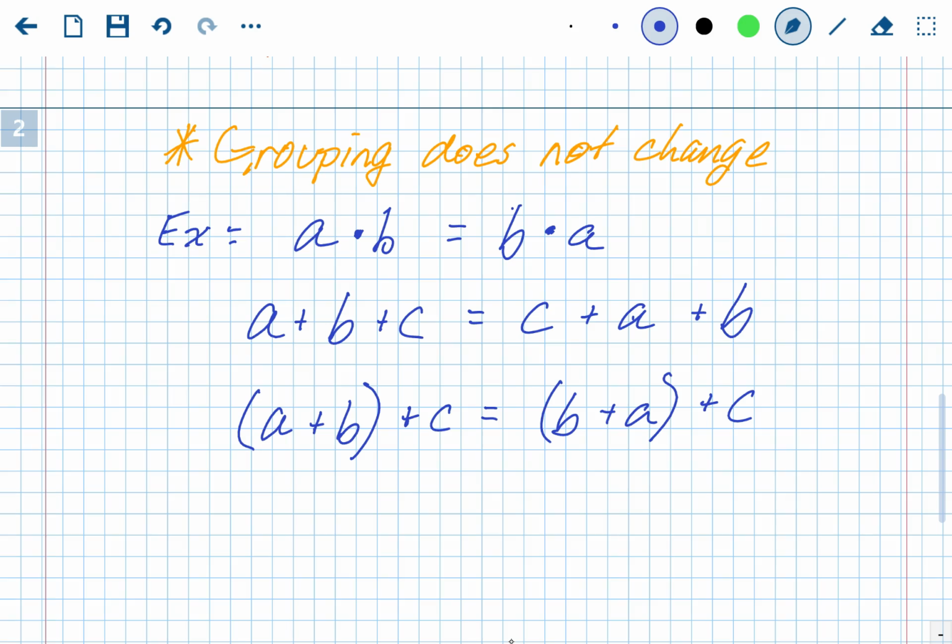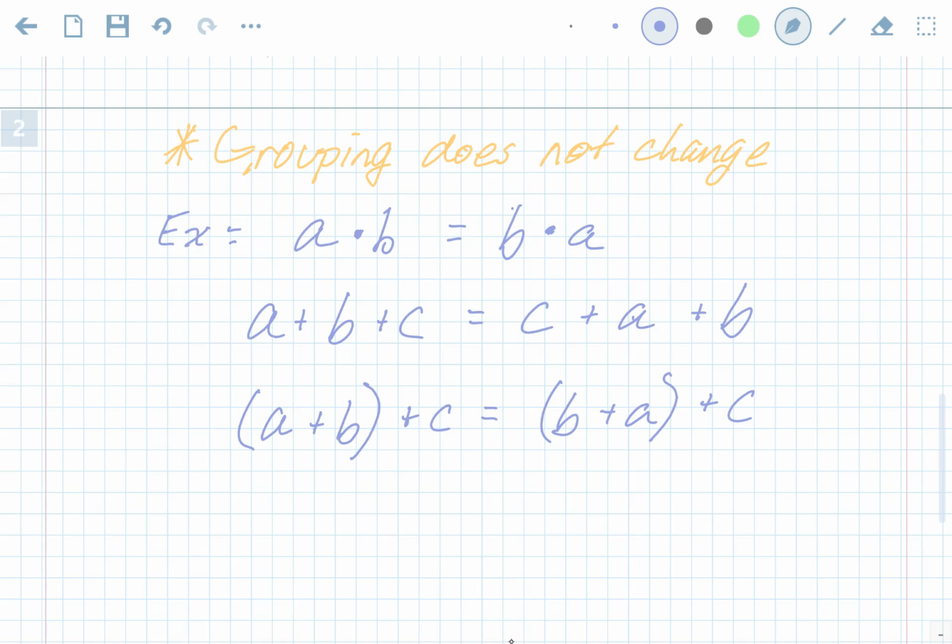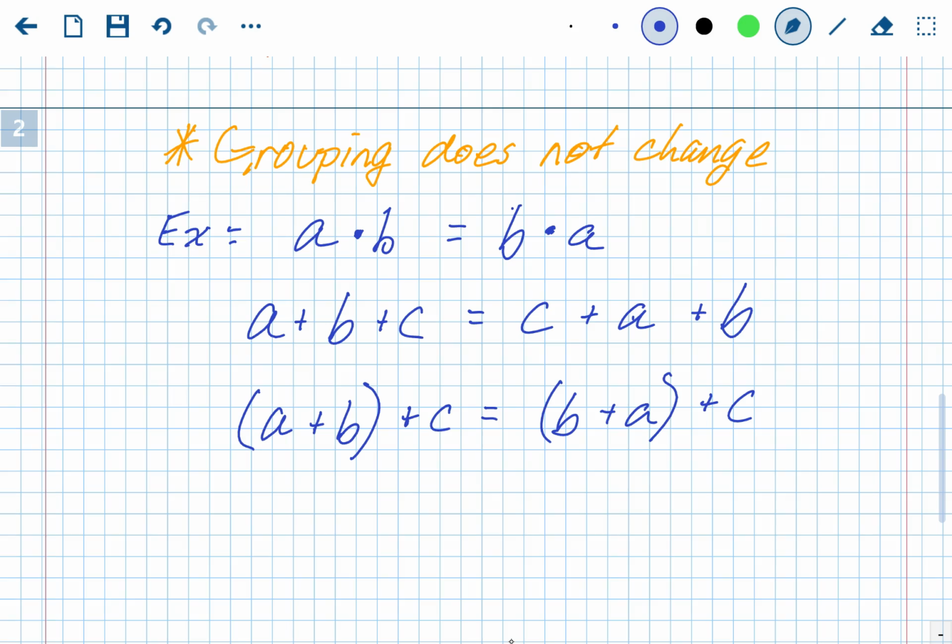So people see parentheses and think groups, associative property. In this case, it's not, because the order changed, but the values in the parentheses did not. The values in the groupings did not. Both of them have an A and B in the grouping. Okay. What did change is we went from ABC to BAC. The order changed, okay, which makes it commutative. Okay. So just because there's grouping symbols does not automatically make it the associative property.